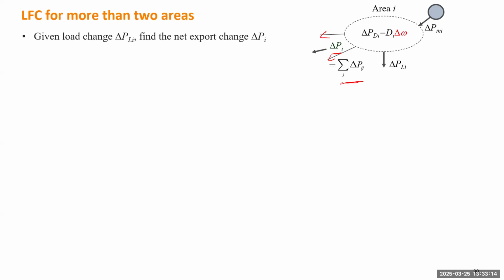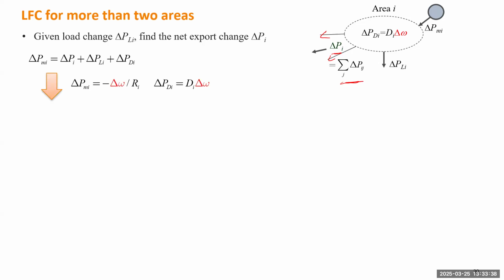So all the analysis we have done for the 2 area case can still be applied to this case. So we start from this equation about the balance of power. The total generation is equal to the total change on the tie flow, total load change, and also the frequency sensitive load change.